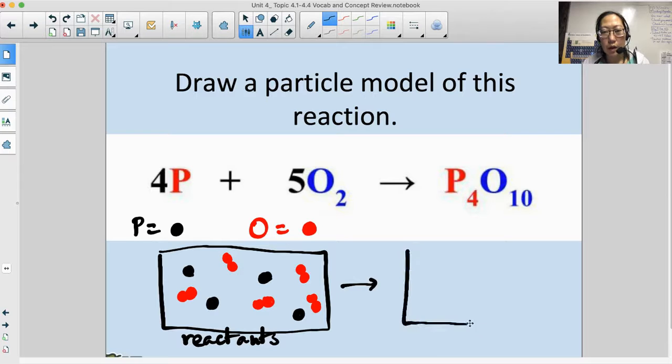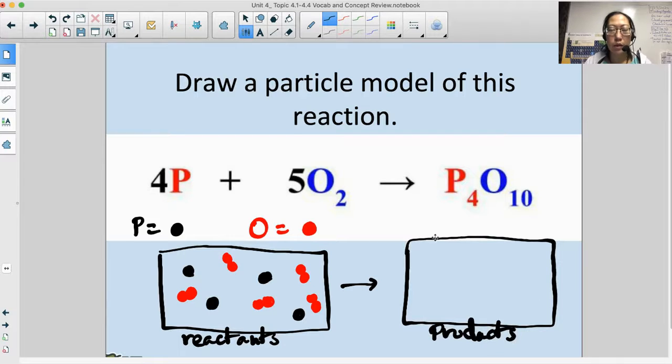I'll draw another box for that. And we will spend time drawing these diagrams. So I need 1 molecule of P4O10. So I want to draw, and the connections, not really important. Okay.